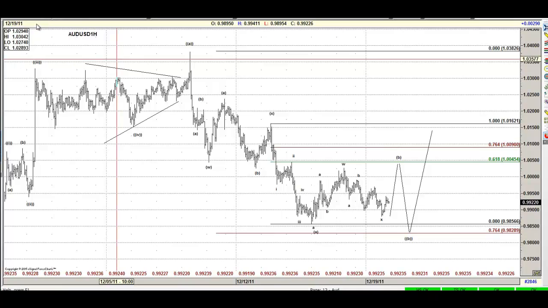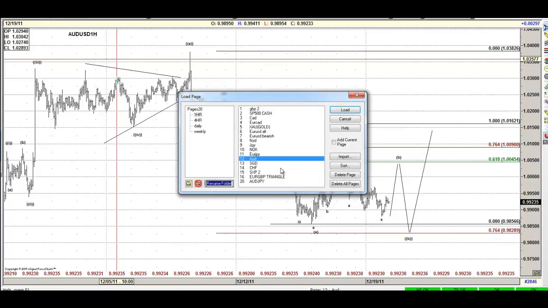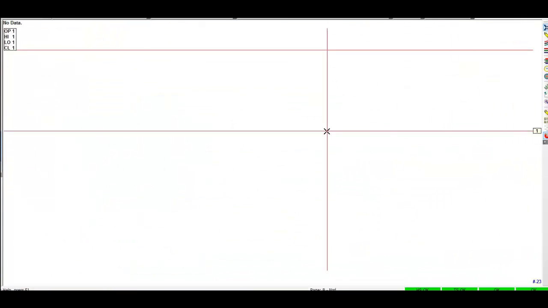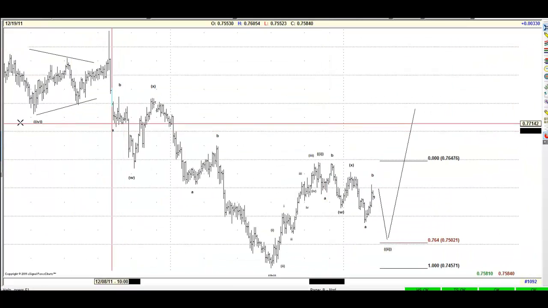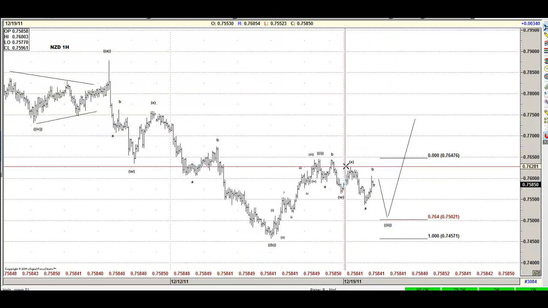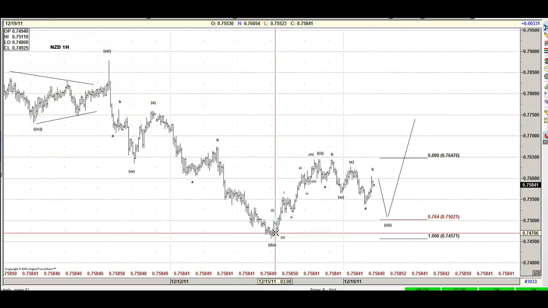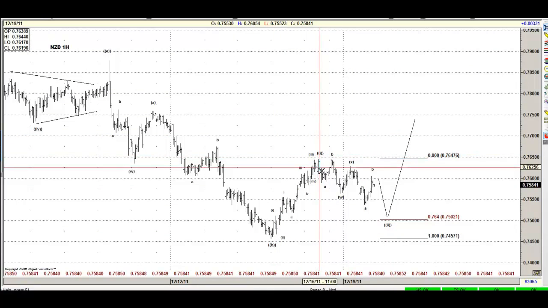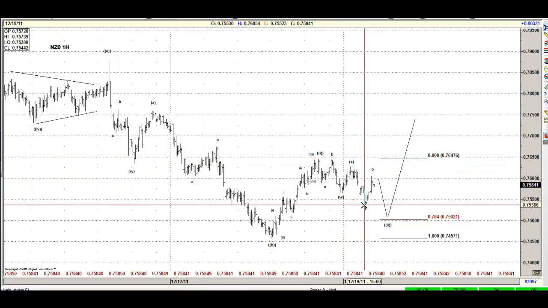Now, let's take a look at the New Zealand dollar. The New Zealand dollar looks like it is in one of two scenarios. First one, from the 5-wave here, I see 1, 2, 3, 4, 5 swings.